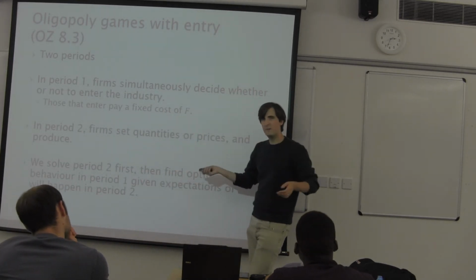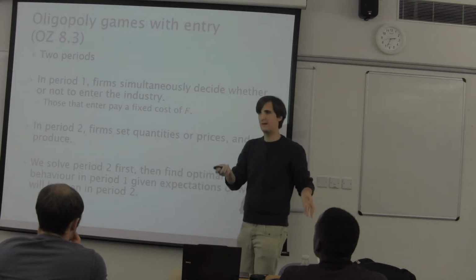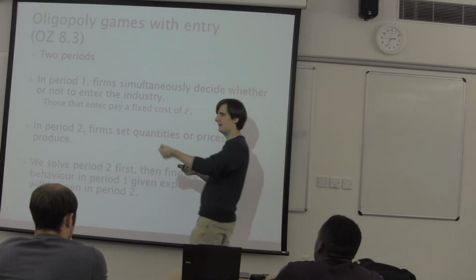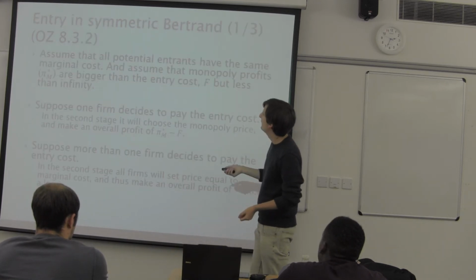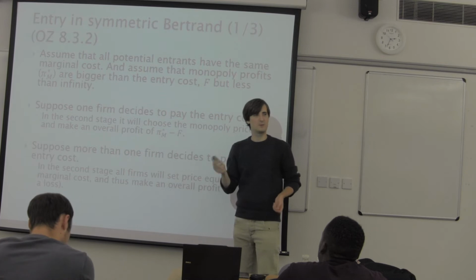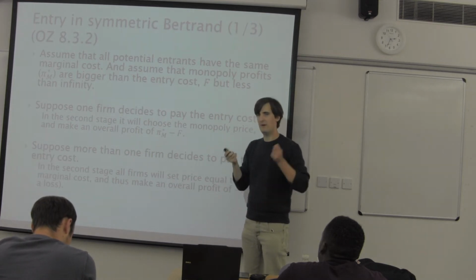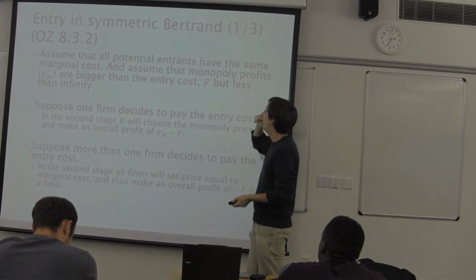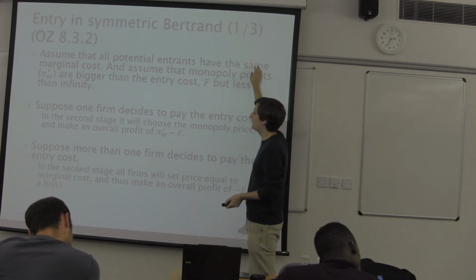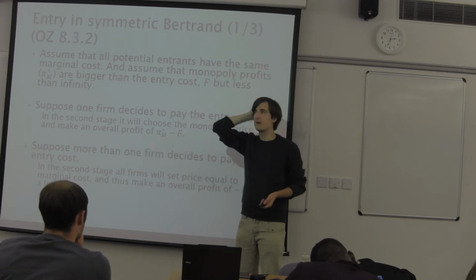The way we're going to solve this is just like the way we solved everything else we looked at. You start at the last period and you work backwards. We'll start with symmetric Bertrand competition, which will be nice and easy. Bertrand competition, firms setting prices, remember. We're going to assume that all potential entrants have the same marginal cost, which will make our life easier.